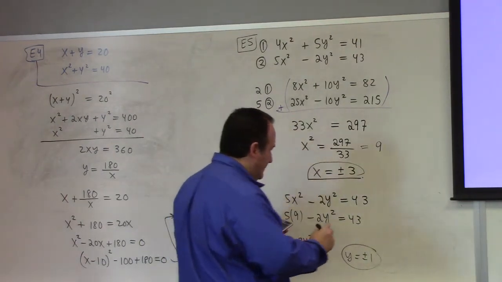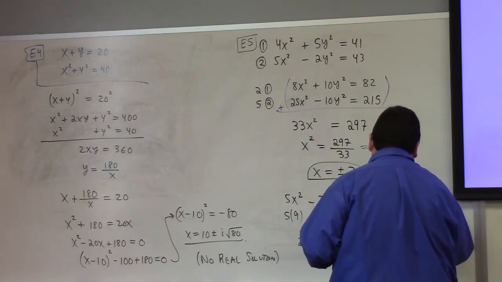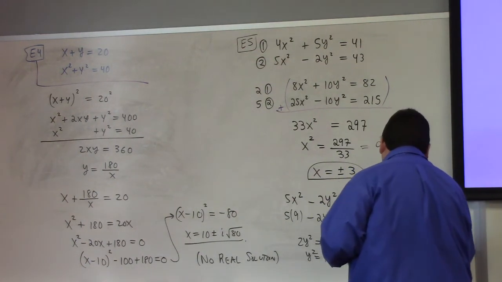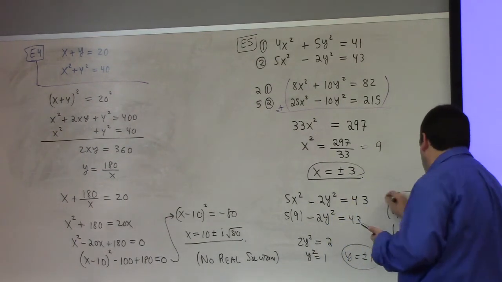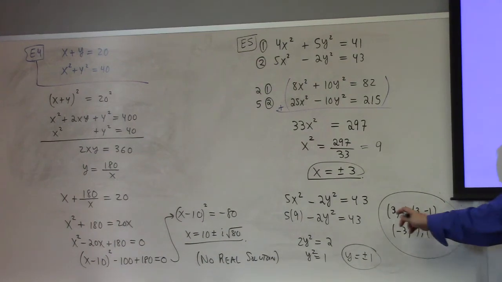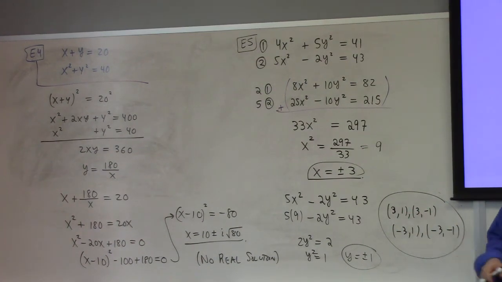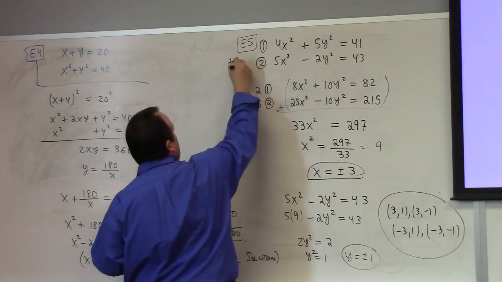So the answers here are 3, 1; 3, minus 1; minus 3, 1; and minus 3, minus 1. There are four solutions to this one. And you're supposed to write them as a list, separated by commas. This is problem 28, all right? That's a nice problem.